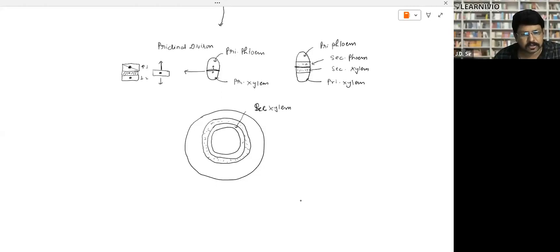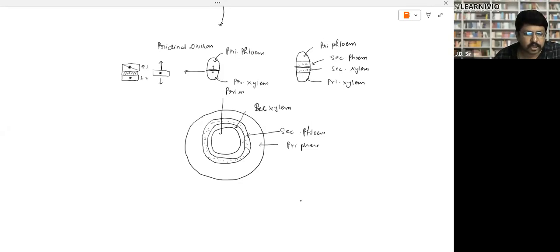This is called secondary phloem. Outside to secondary phloem, there is the primary phloem, and at its center there is the primary xylem.